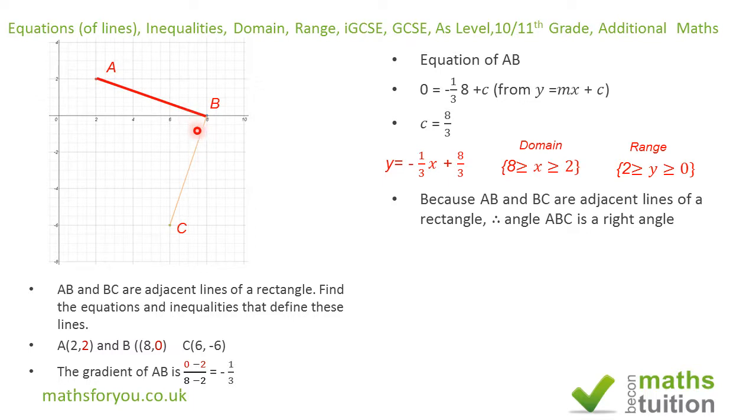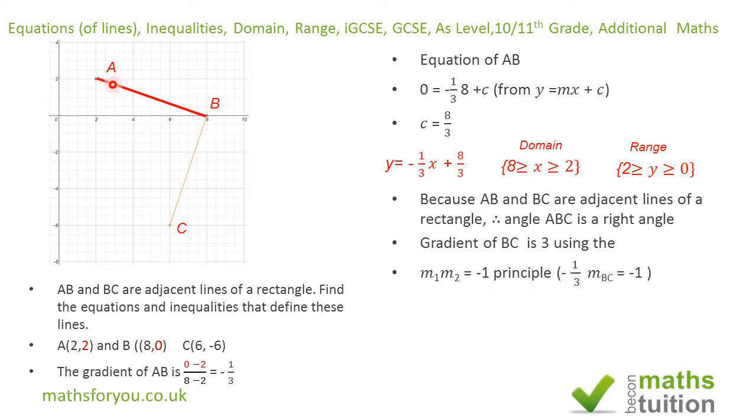And if two lines meet at a right angle, then the product of the gradients will give you -1. So if you do -1/3, which is the gradient of AB, times m sub BC, which is the gradient of BC, you get -1. So we then get that m sub BC is equal to 3.